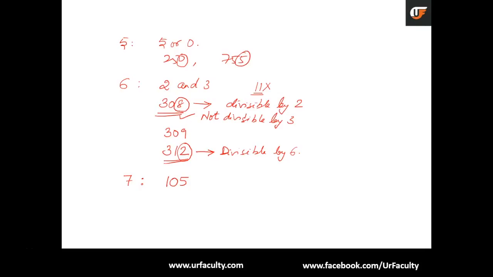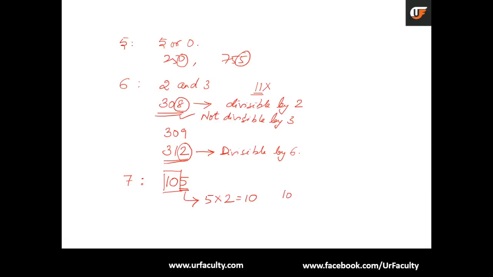So 105, how do we start? Let's take the last digit of the number. The last digit of the number is 5. You start off by doubling it. So how do you double it? You multiply it by 2 and you get 10. And then you need to subtract this number from the remaining number.